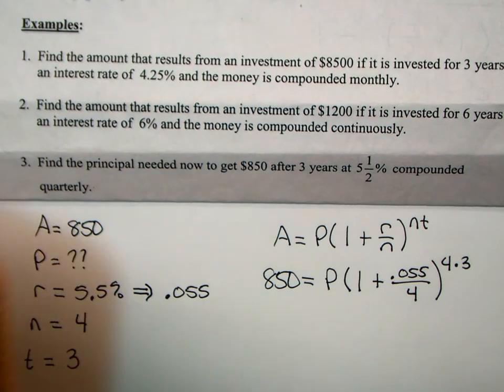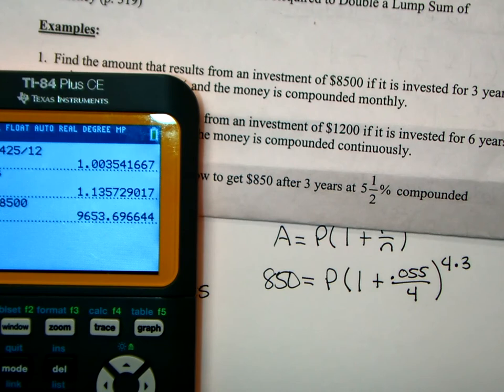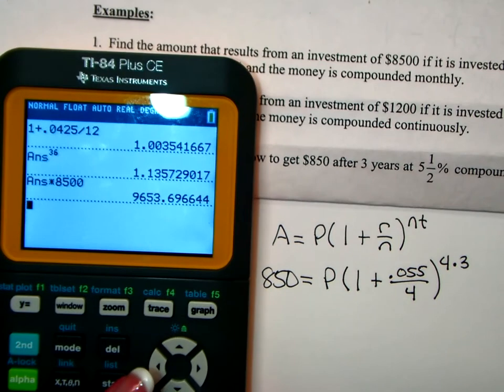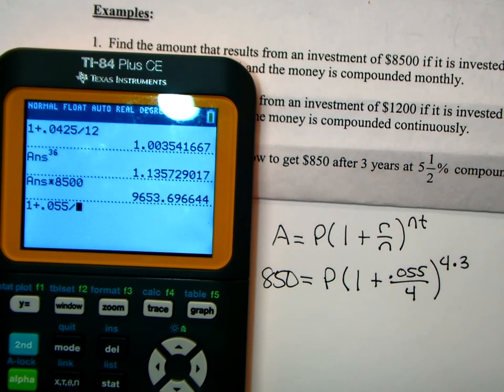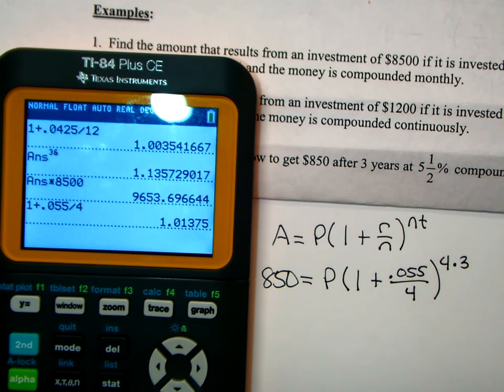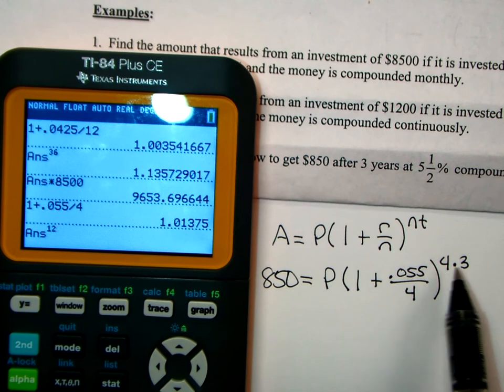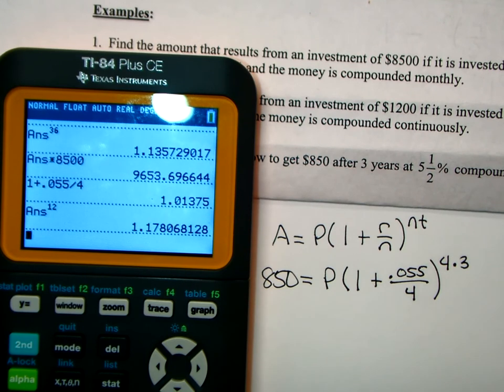So I'm going to figure out what this is first. Inside the parentheses first, right? Parentheses and then exponents. So we're going to do 1 plus 0.055 divided by 4. That'll get me what's inside the parentheses. Then I'm going to raise that to the 12th power because 4 times 3 is 12. And that's going to tell me what that decimal is.